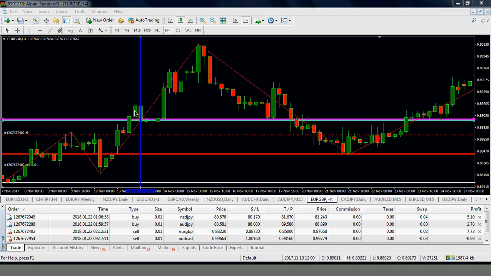So we get the pivot point of this candlestick. 0.8922 plus 0.8892 plus 0.8917.